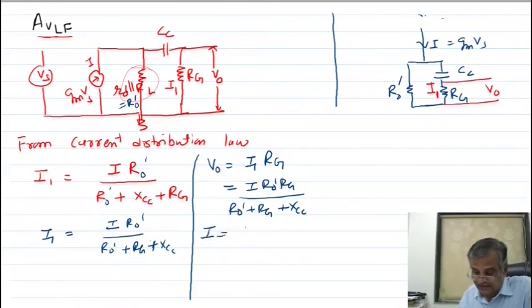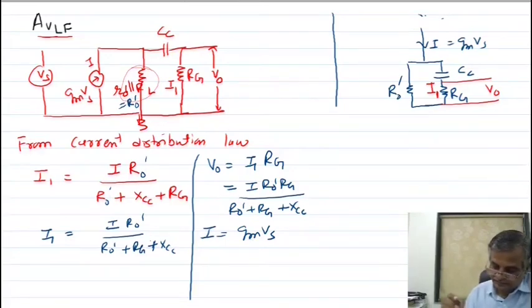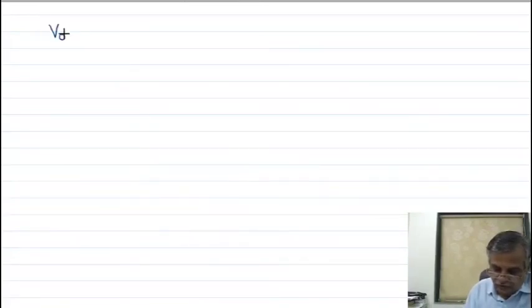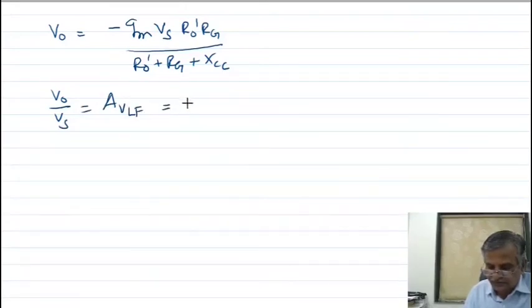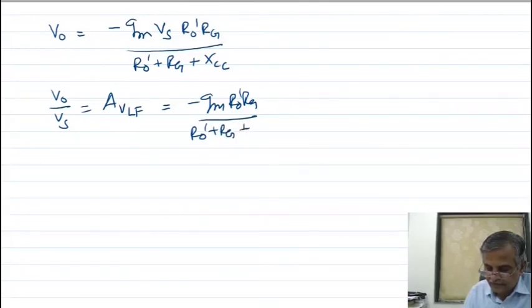But what is I? GMVS. So I can write VO is equal to GMVS RO dash RG upon RO dash plus RG plus XCC. VO upon VS is the gain of the amplifier at low frequency: minus GM RO dash RG upon RO dash plus RG plus XCC.